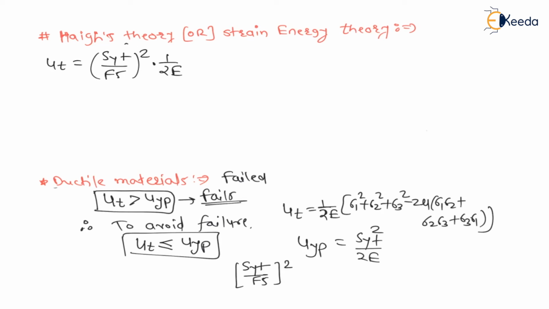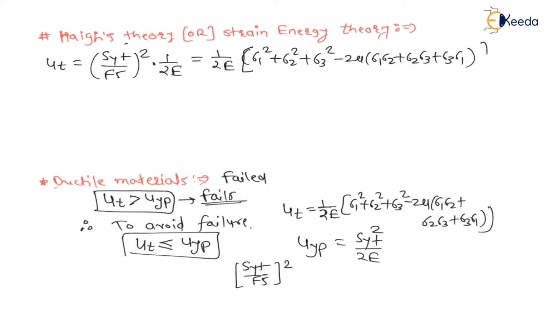Therefore ut is nothing but 1 by 2e times sigma 1 square plus sigma 2 square plus sigma 3 square minus 2 mu times sigma 1 sigma 2 plus sigma 2 sigma 3 plus sigma 3 sigma 1. This is the formula, right?